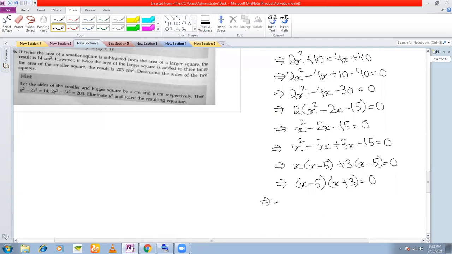That means either x minus 5 is equal to 0 or x plus 3 is equal to 0. So it's either x is equal to 5 years or x is equal to minus 3, which is not acceptable.